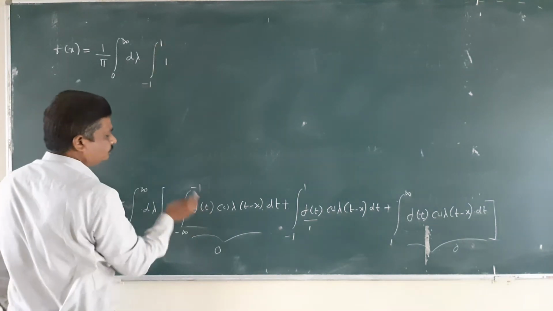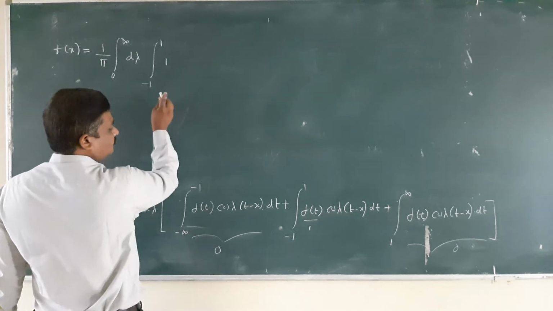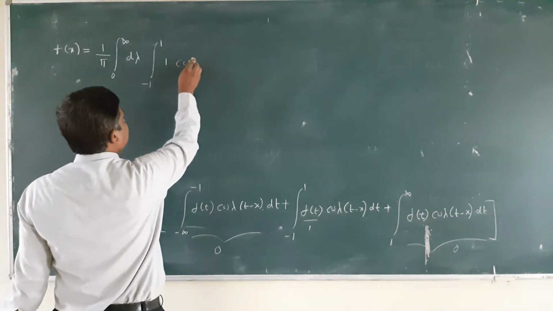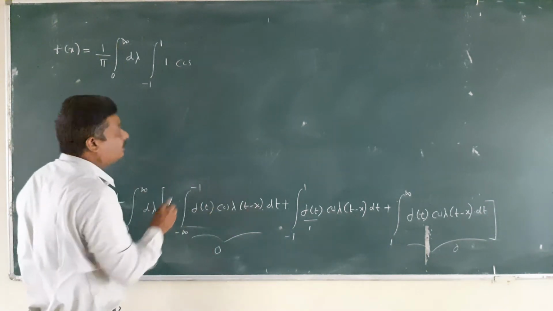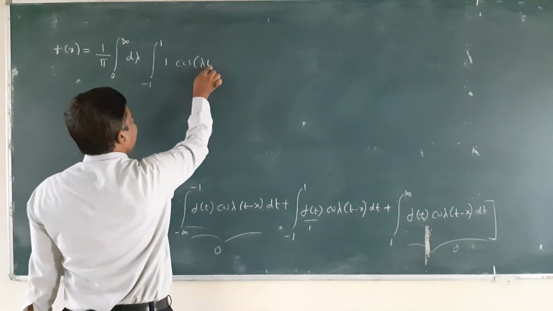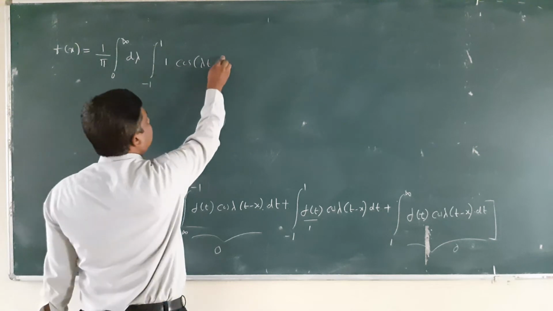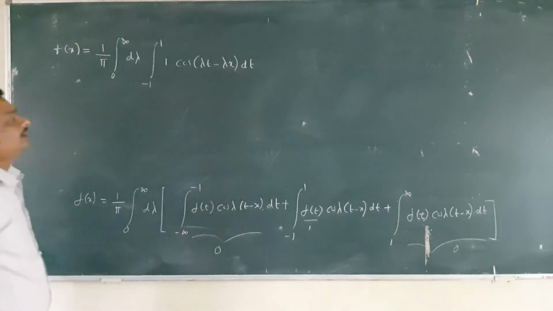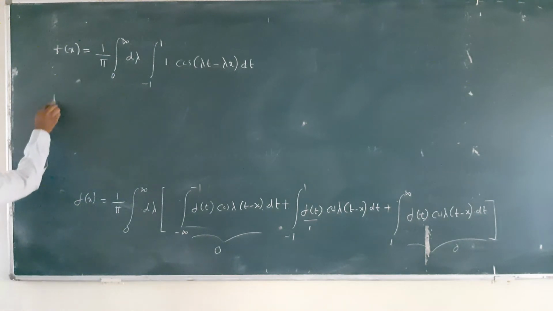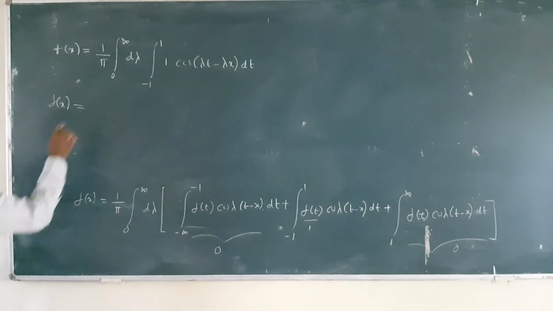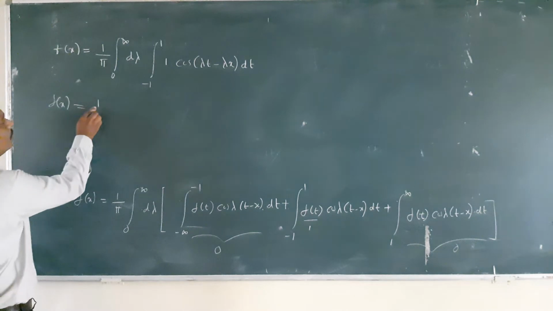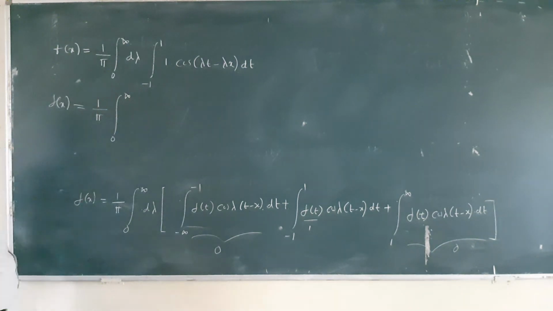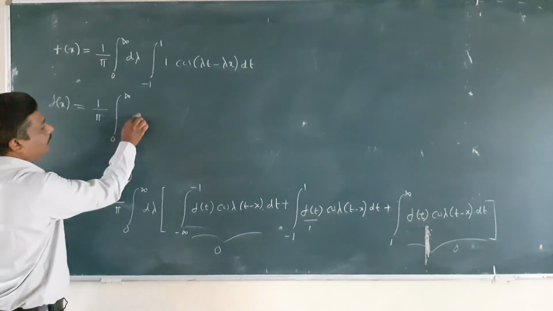into cos. So we take this lambda inside the bracket. This becomes lambda t minus lambda into x into dt. So f of x is equal to 1 upon pi integration 0 to infinity into d lambda.